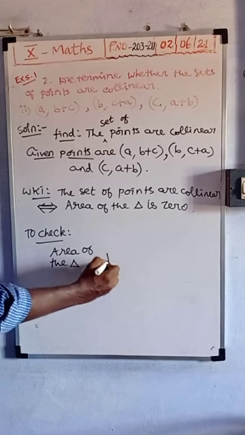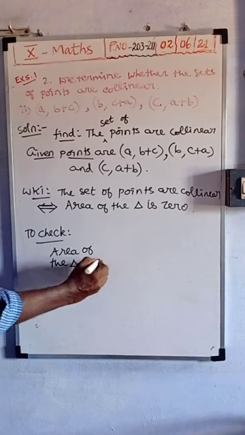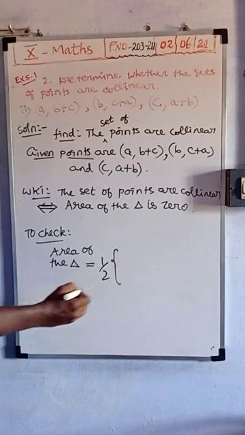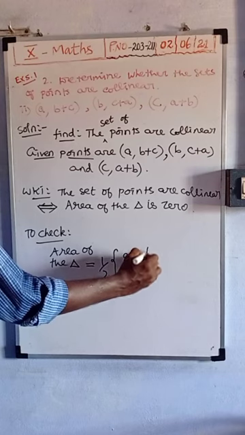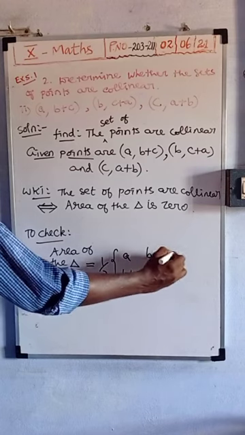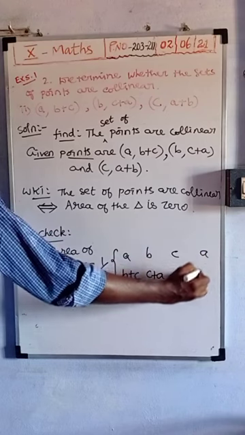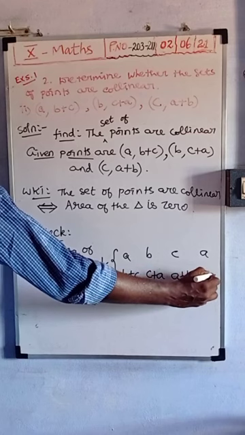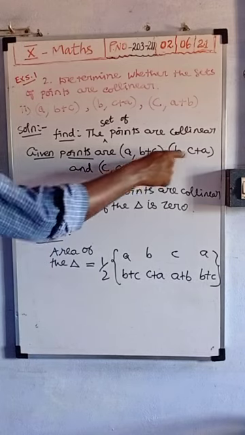Now area is equal to half of the first point A, B plus C; next B, C plus A; next C, A plus B; again ends with A, B plus C. Whether you write the formula first or plot the points like this, first point is x1 y1, x2 y2, x3 y3.